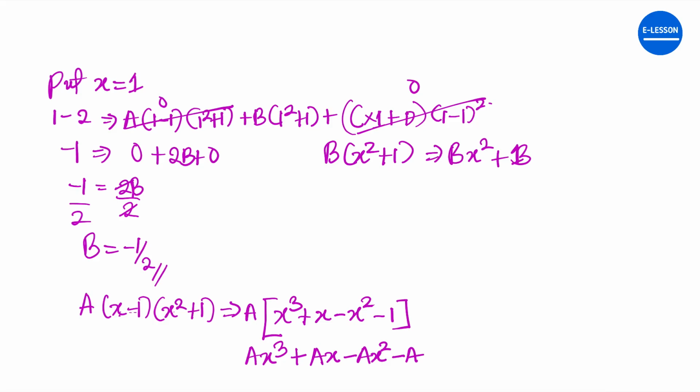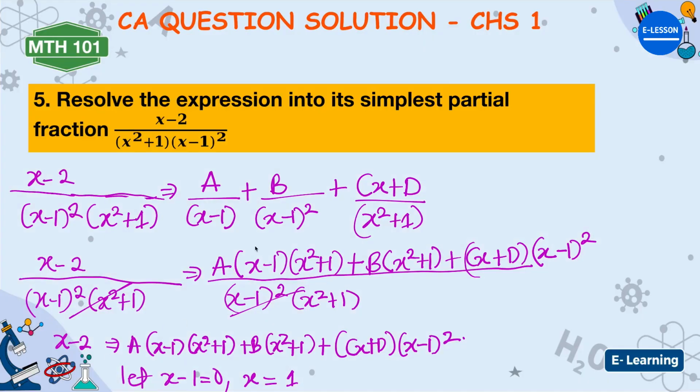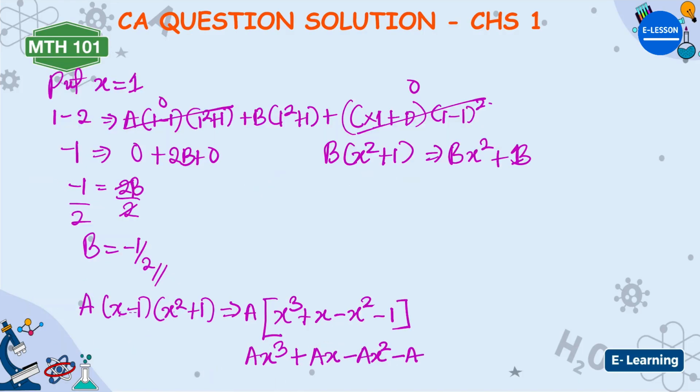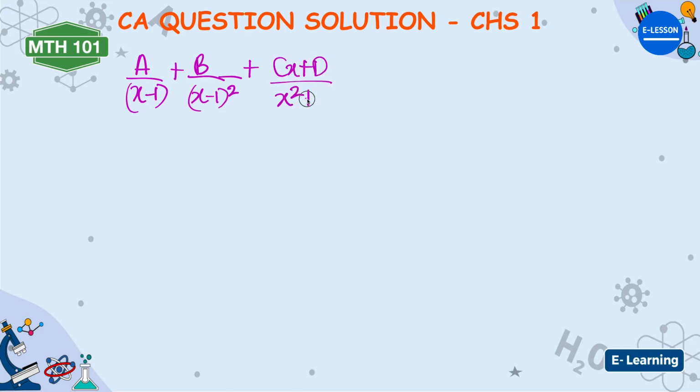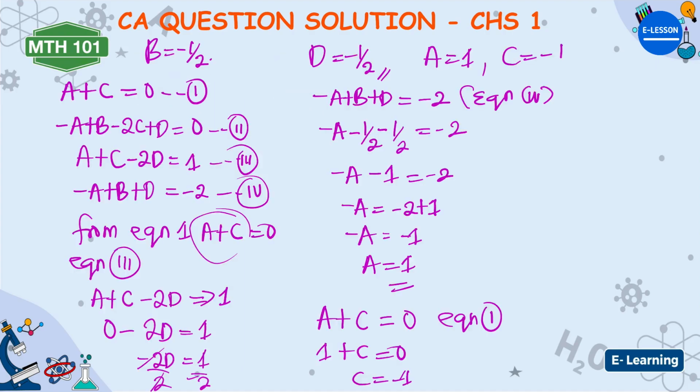From the initial equation, what was the initial equation given to us? x minus 2 is equal to a over x minus 1 plus b over x minus 1 squared plus cx plus d divided by x squared plus 1. That was a partial fraction, abi.